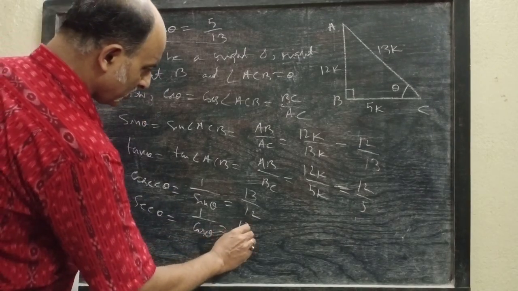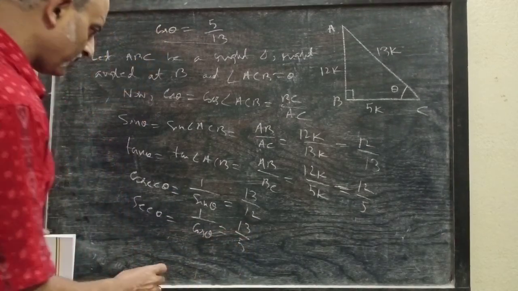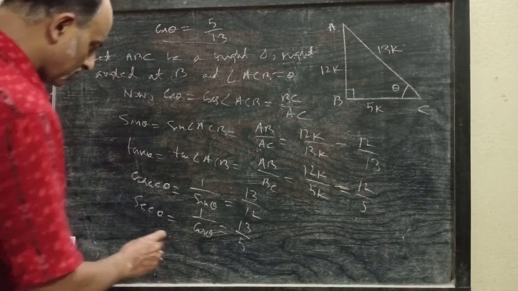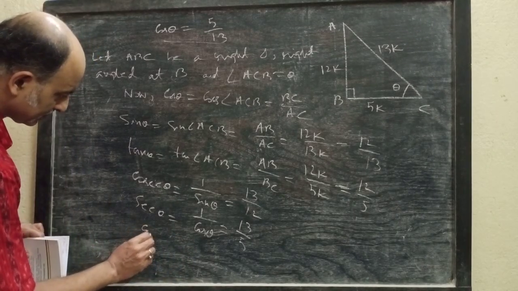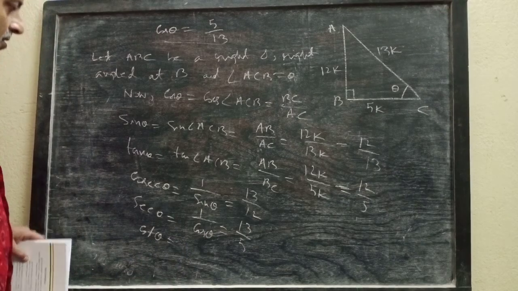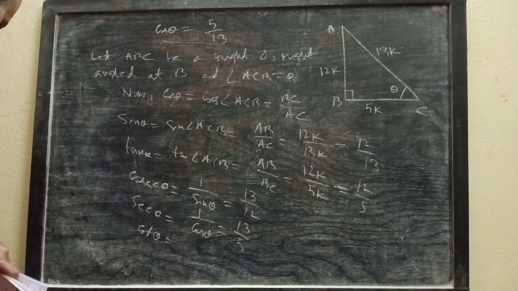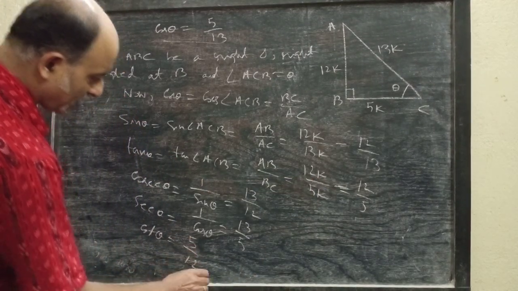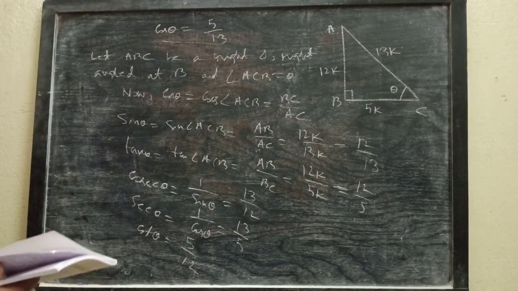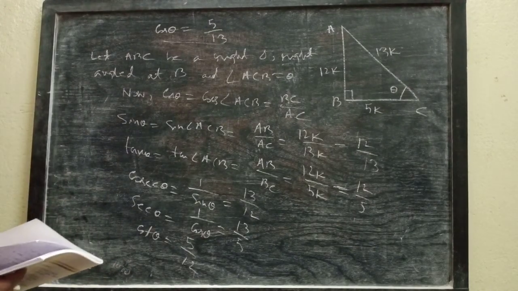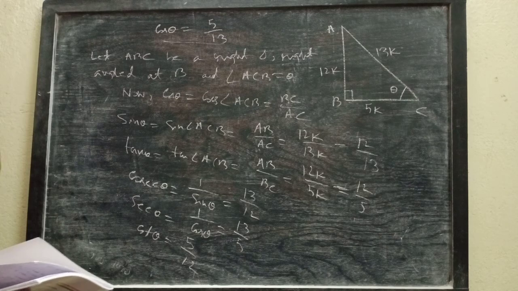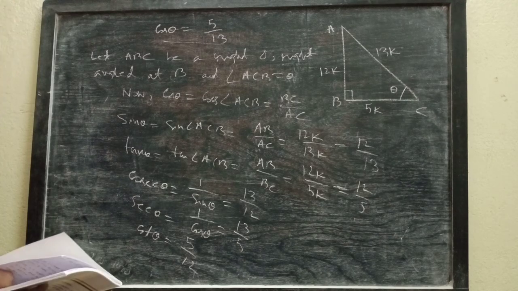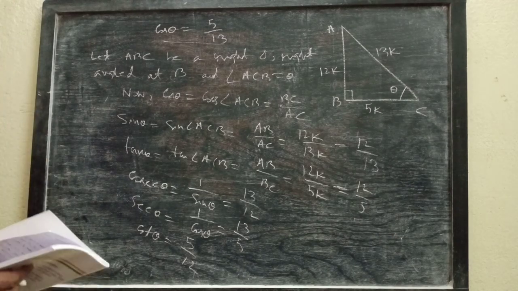So your sec theta will be 13 by 5. And the last one is cot theta. Cot theta is reciprocal of tan theta. Your tan theta is 12 by 5. So cot theta will be 5 by 12. So thus, for a given trigonometric ratio of some angle, we can find the other 5 ratios in this process.